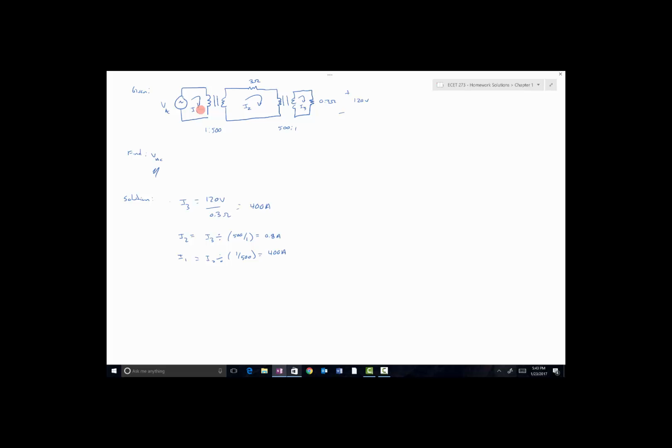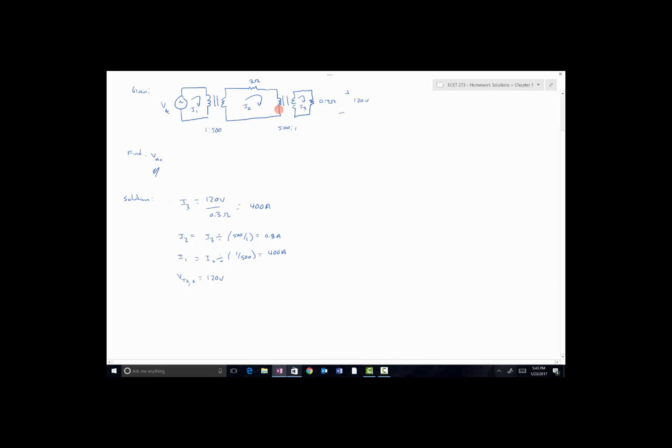Next, we can calculate the voltages in the system. We know that there's 120 volts across the load, and since this is an ideal transformer, there's 120 volts across the terminals of this transformer. So the voltage of transformer 2's secondary side is going to be 120 volts.